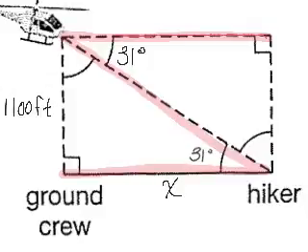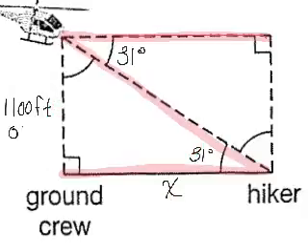Now, because we have this information, we can solve to find out what X is, because we just needed two pieces of information. We've got a side and we've got an angle. So let's label the rest of our angles to find out what type of trigonometric ratio we're going to use. We have our angle here, 31 degrees, and straight across from it is 1,100 feet.